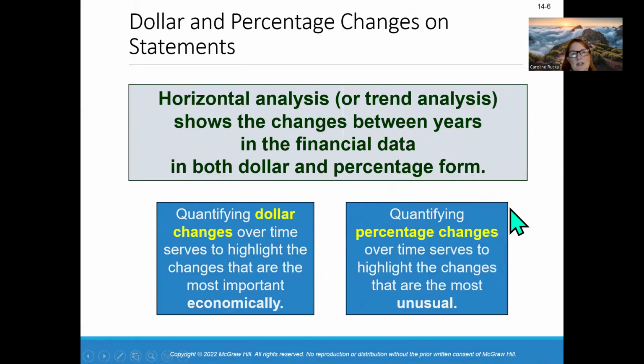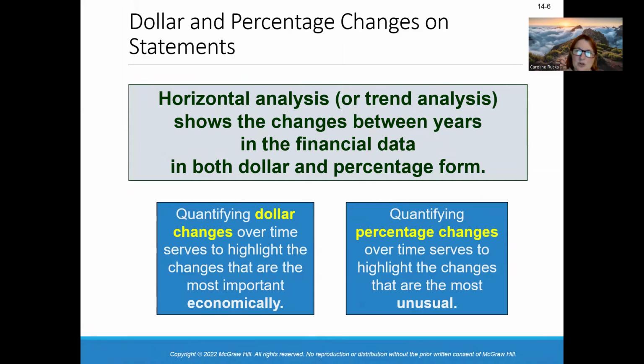All right. So, horizontal analysis, this is commonly used by auditors. It's also called a trend analysis. We're comparing two different years within the same company. Okay, this quantifies dollar changes over time.